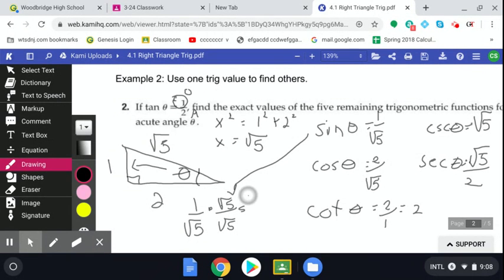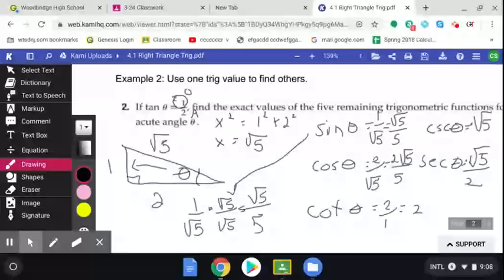And 1 times radical 5 is radical 5. And the bottom, radical 5 times radical 5, the square root signs cancel out and you're just left with a 5. So you should be able to rewrite that as square root of 5 over 5. This one, when you rationalize, you get 2 square root of 5 over 5. Okay? So that would be number 2.